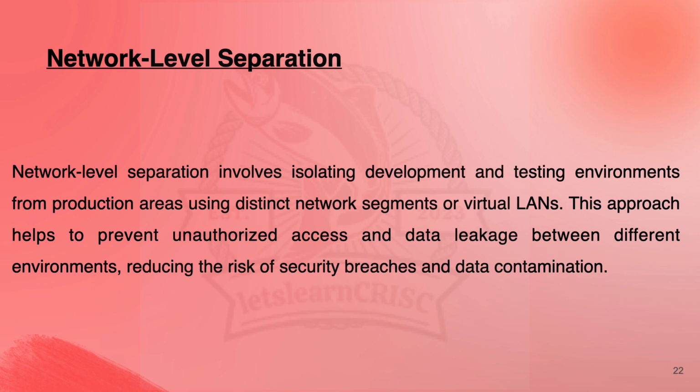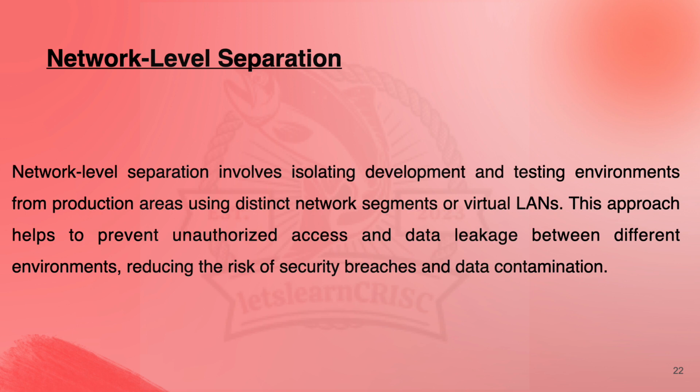Friends, the primary purpose of network level separation is to reduce the risk of security breaches and data contamination, right? By keeping the development and testing environments isolated from the production environment, potential issues in the development or testing phases are less likely to impact the live production system.